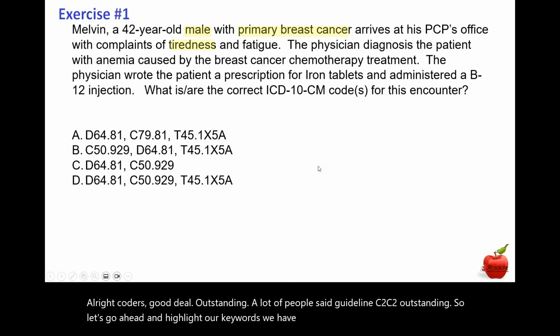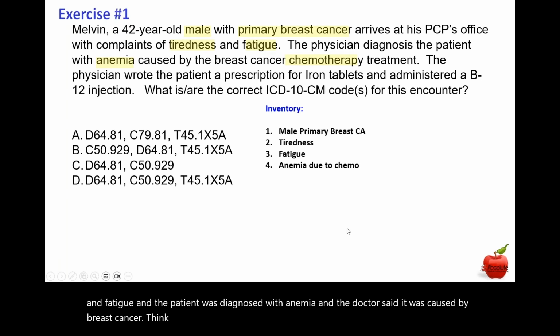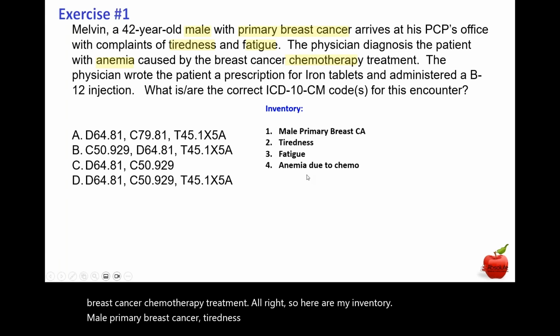So let's go ahead and highlight our keywords. We have male primary breast cancer, tiredness and fatigue, and the patient was diagnosed with anemia. The doctor said it would be treatment. All right. So here is my inventory: male primary breast cancer, tiredness, fatigue, anemia due to chemotherapy.